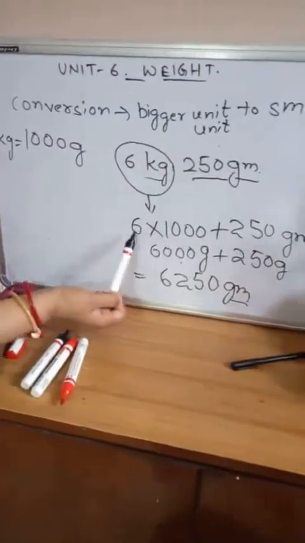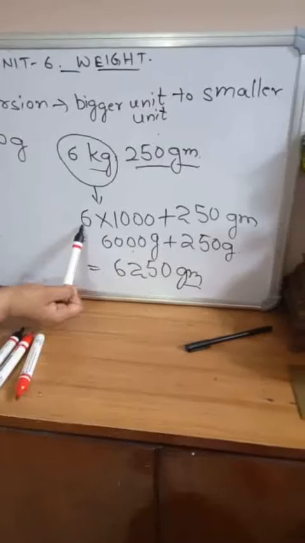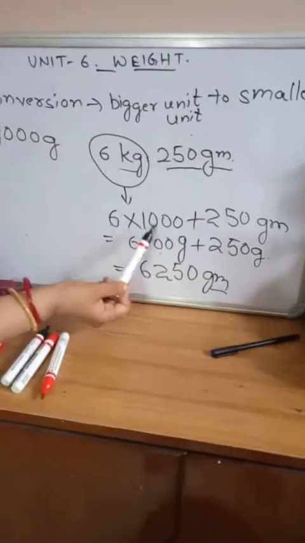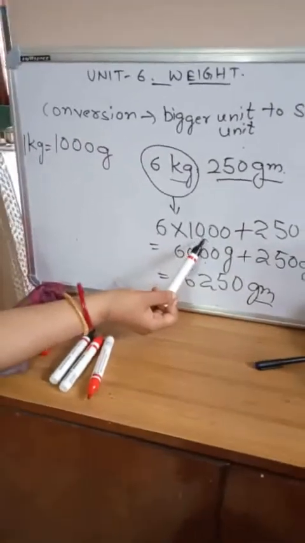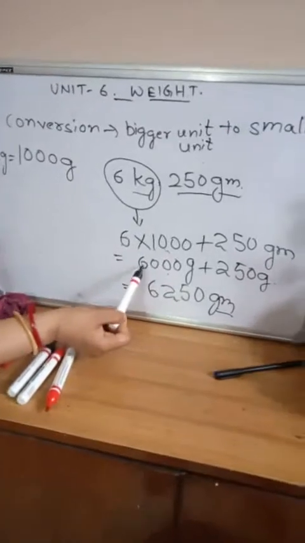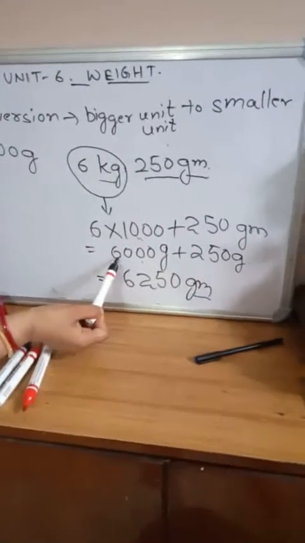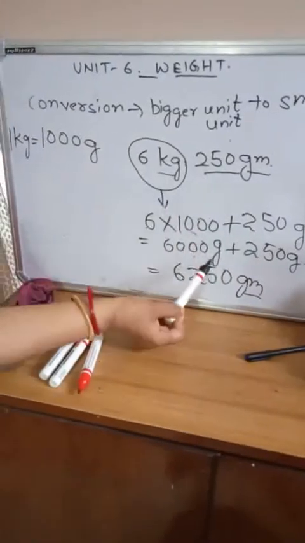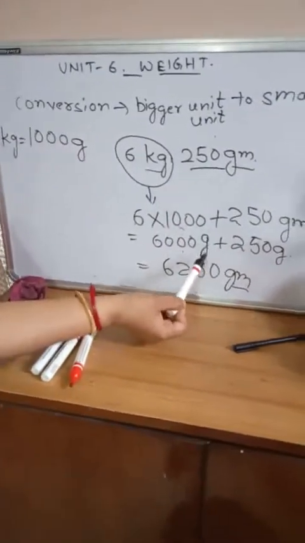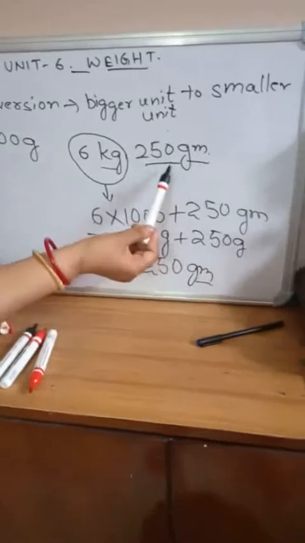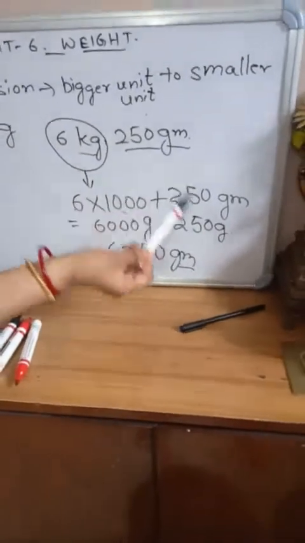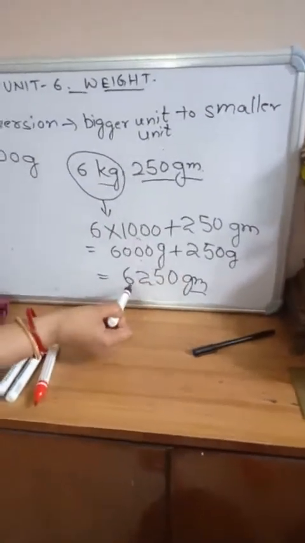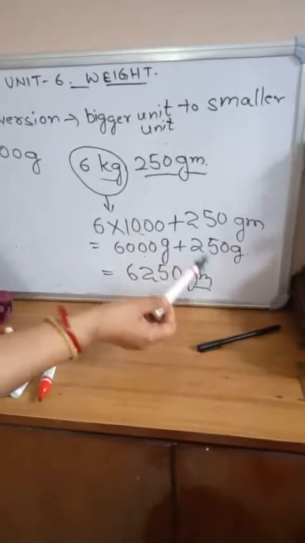When I convert this 6 kilogram into gram, 6 will be multiplied by 1000. After multiplying, the product is 6000. Now the unit is changed. This kilogram now becomes gram. Now this 6000 gram will be added with the number of gram. So we add it, and it becomes 6250 gram.